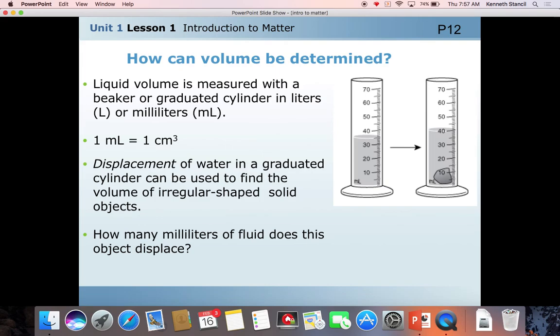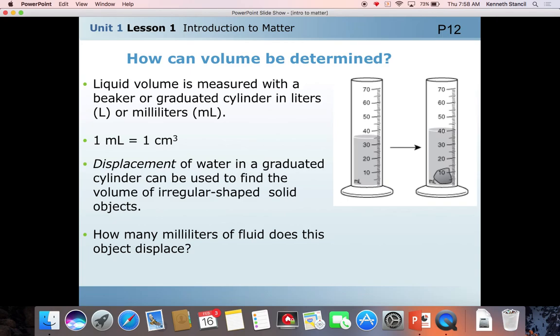Everybody agree with 40? Who has a different answer? Everybody awake? 5 what? 5.